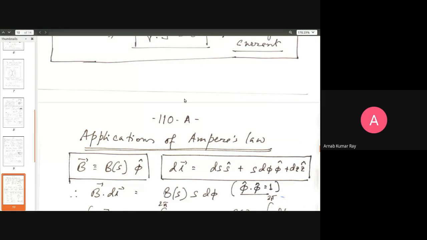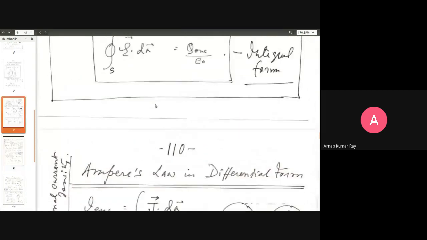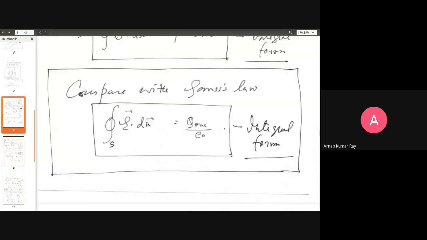Now, just like for the case of Gauss, you applied Gauss's law for various symmetries, spherical, cylindrical, planar, to find the charge enclosed and the corresponding electric field. If you recall your Gauss lessons, there we use the formula closed surface integral of E dot dA is equal to charge enclosed by epsilon naught.